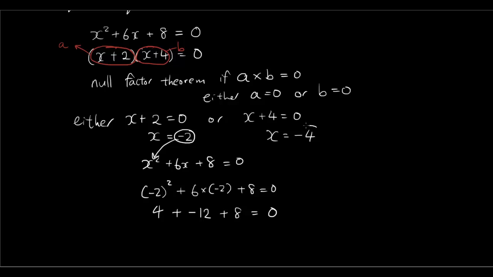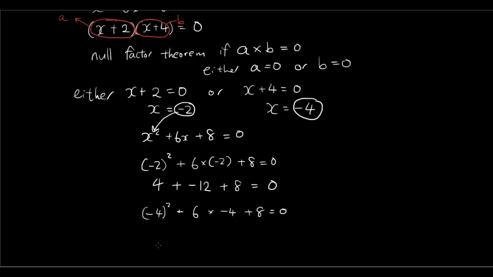Now let's check with our second one. Put negative 4 into x. So we have negative 4 in brackets squared plus 6 times negative 4 plus 8 is equal to 0. So that's 16 plus negative 24 plus 8.